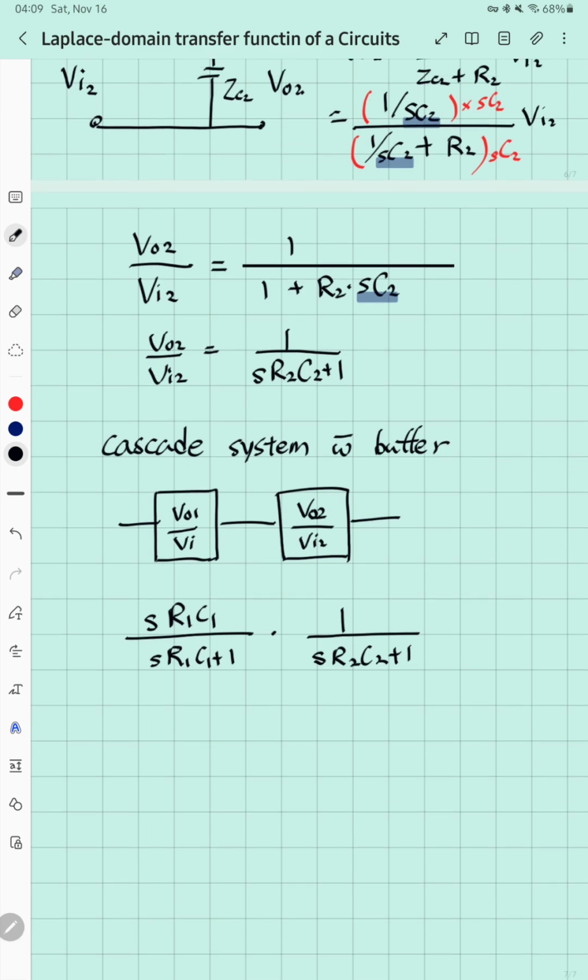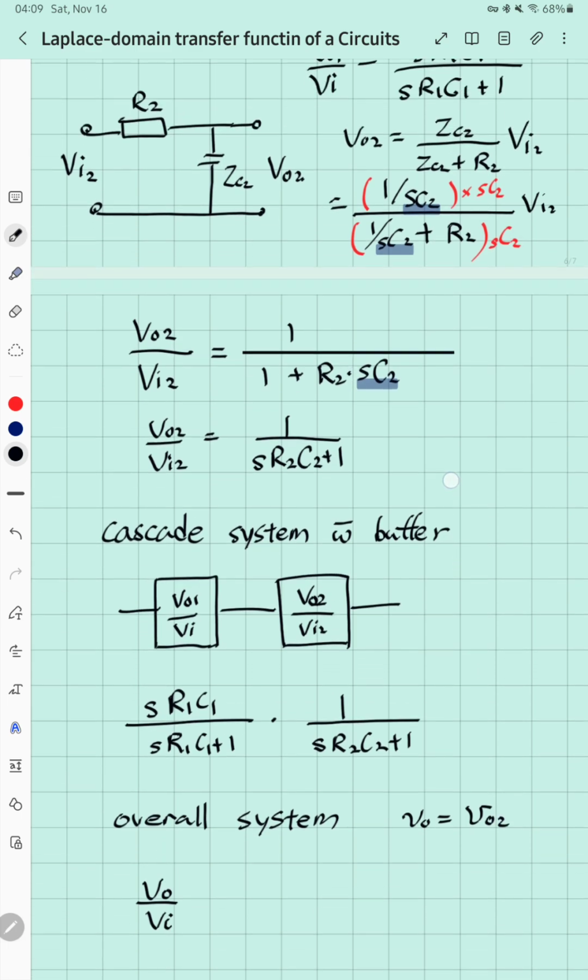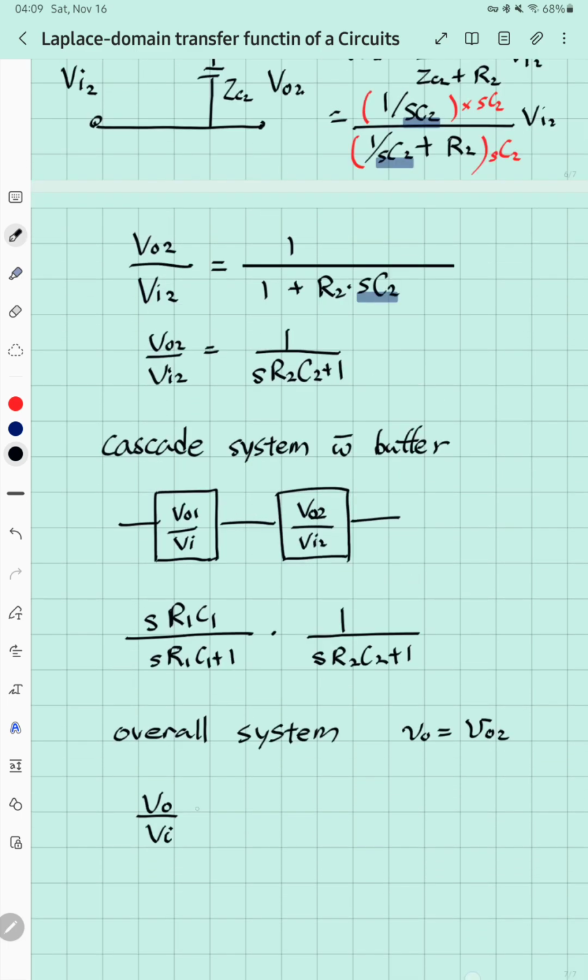So the overall system is V out over V in, where V out is literally V output 2 of the second circuit, and V in is from the original circuit drawing.